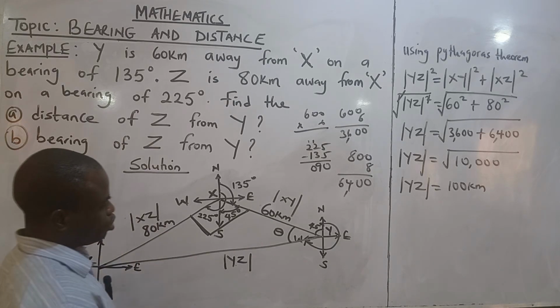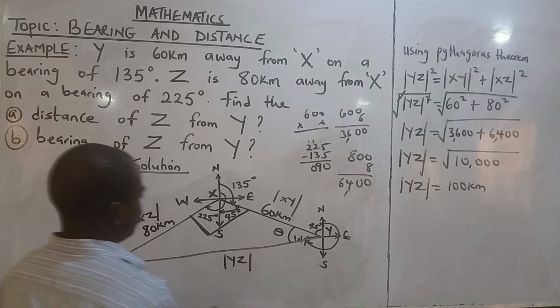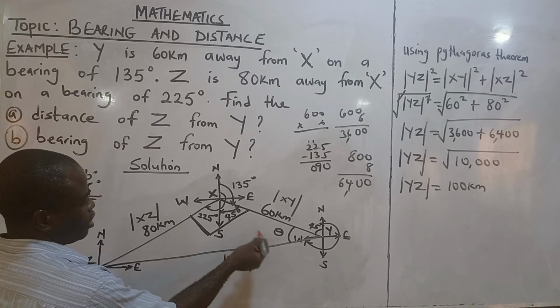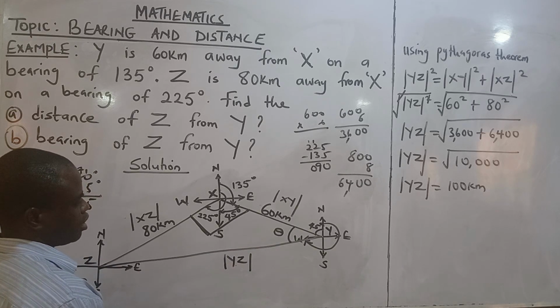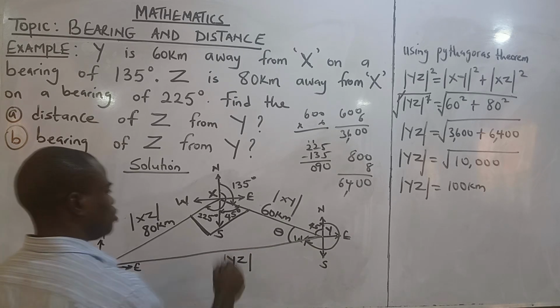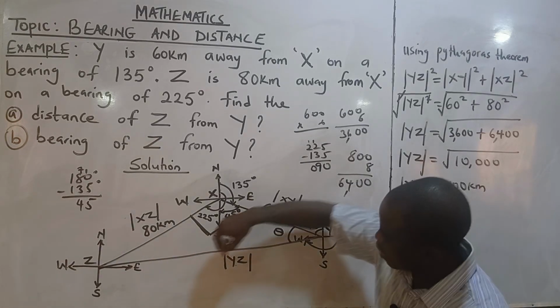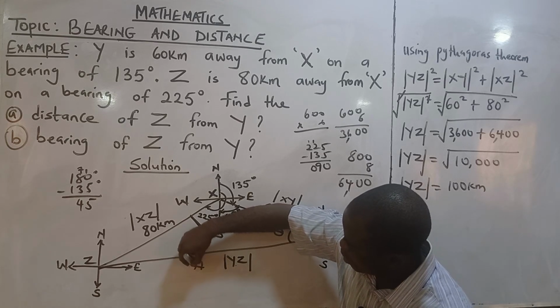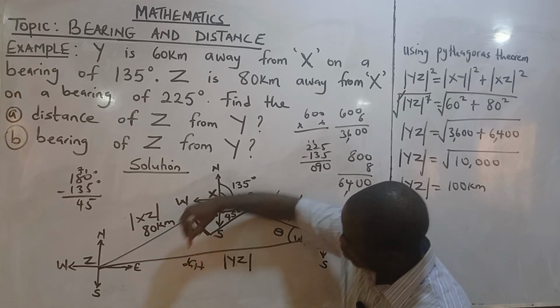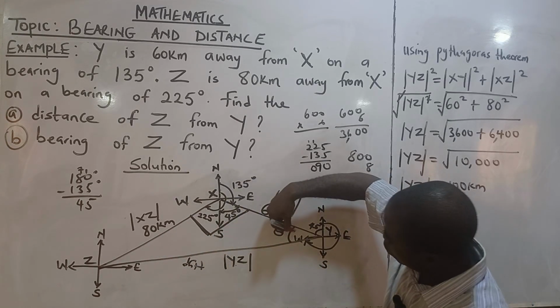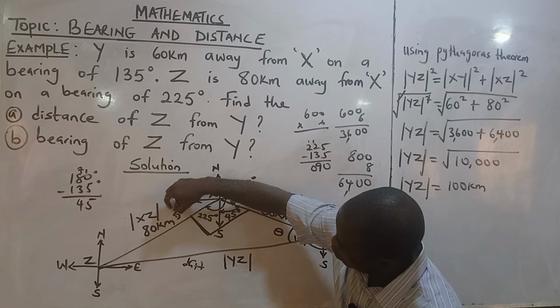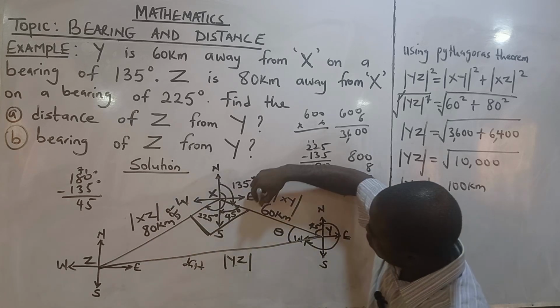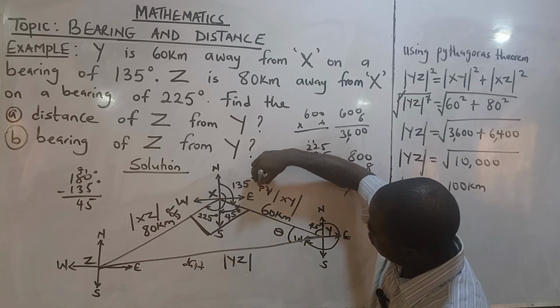Now use our SOHCAHTOA, because this is a right angle triangle. This one will be our hypotenuse. This will be the opposite to this angle, and this one will be the adjacent.